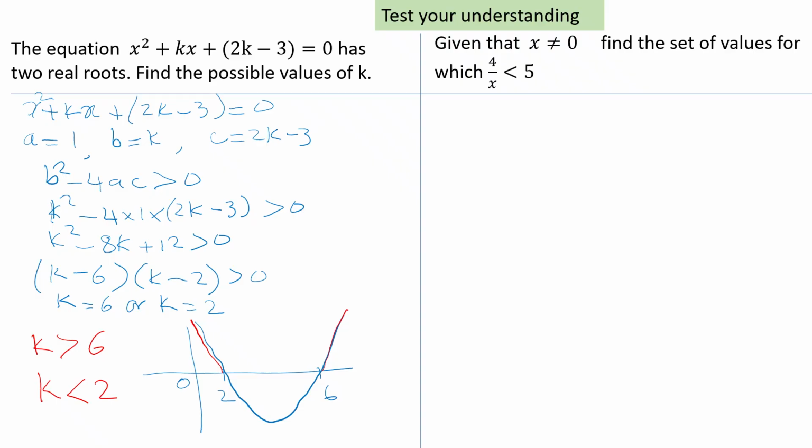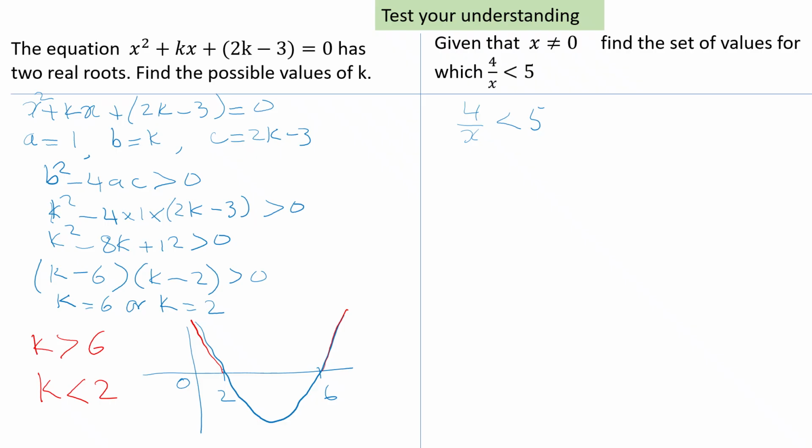So next one, given that x not equal to 0, find the set of values for which 4 over x less than 5. So before we solve, we need to multiply both sides by x squared.